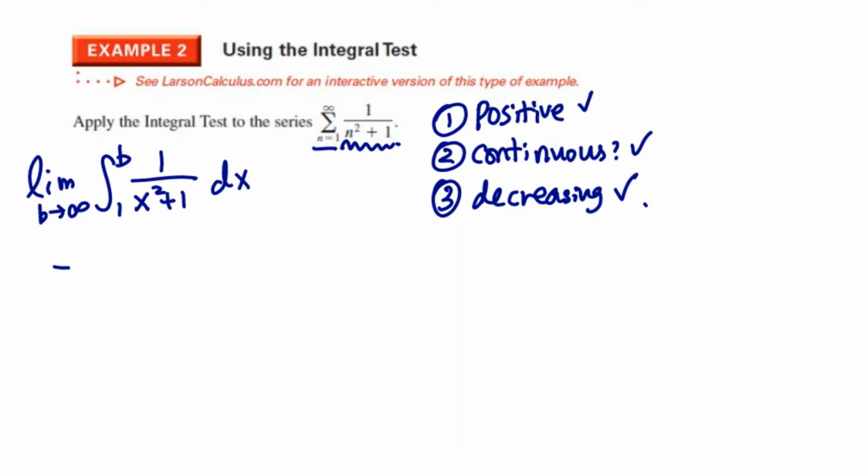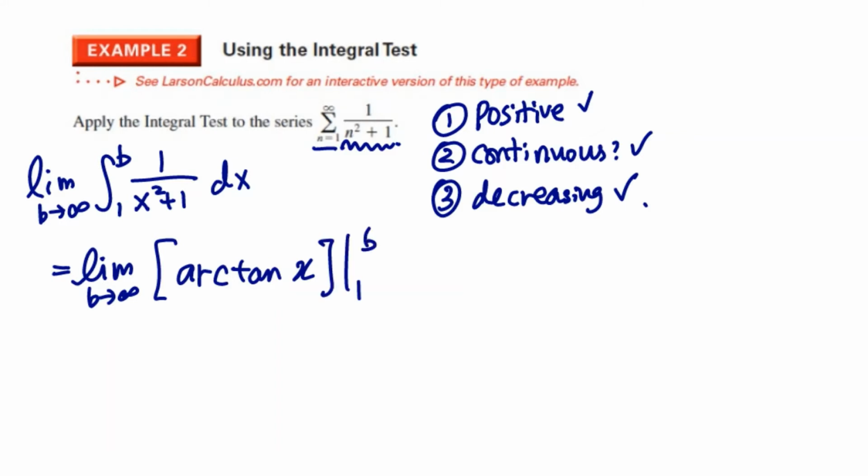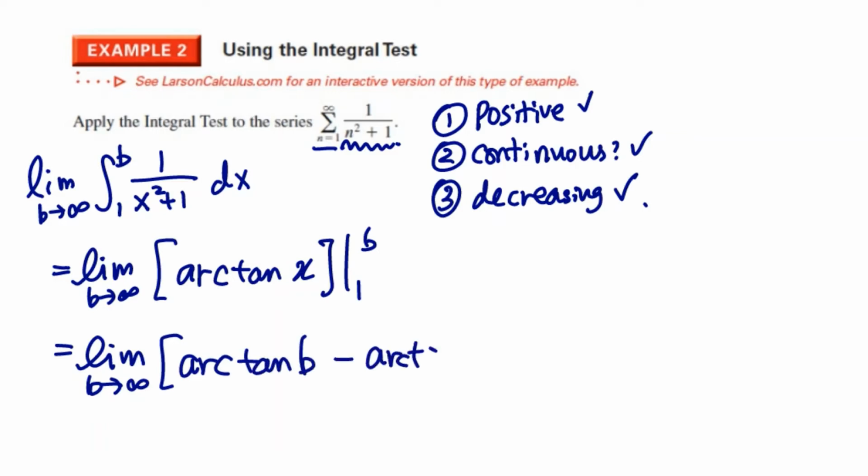So that is the limit as b goes to infinity of arctangent x from 1 to b. So that is the limit of arctangent b minus arctangent 1. The arctangent graph looks something like this.